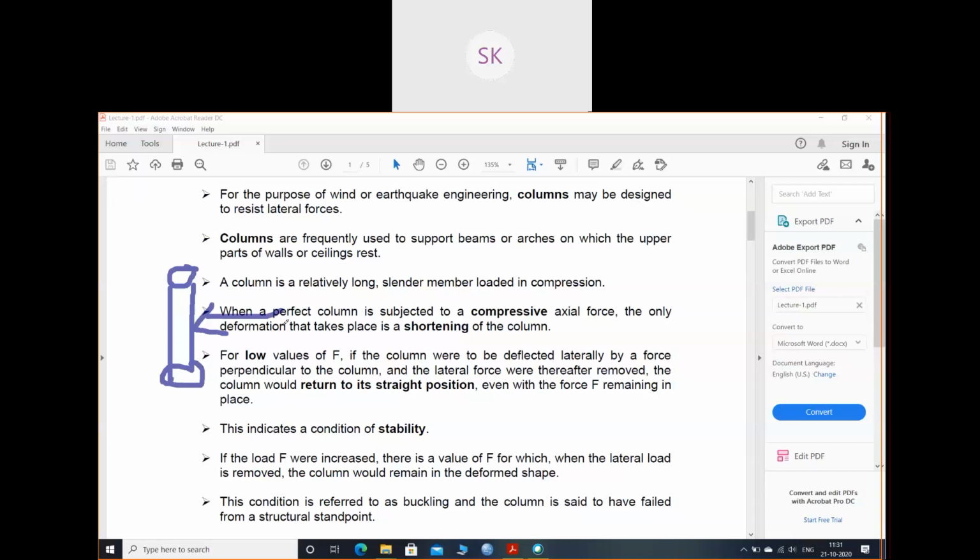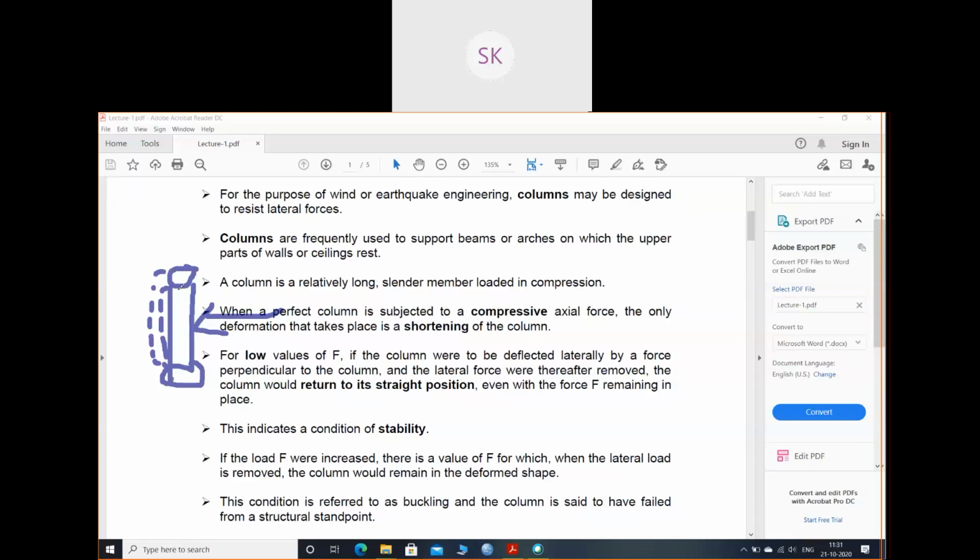The load applied perpendicular to the column is called lateral load. If we apply that, and the lateral force is thereafter removed, the column would return. When I apply load, it will slightly bend this way. When the lateral force is removed, the column returns to its straight position. When I remove the load, it comes back to its original position. So that is stability.